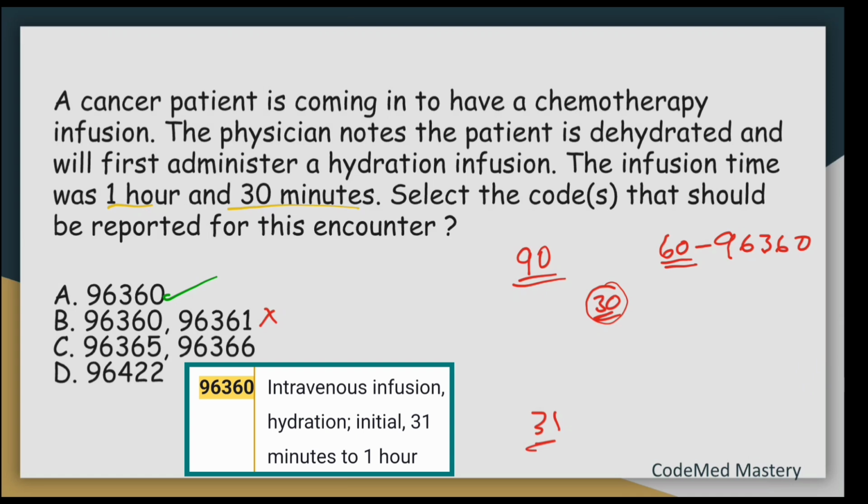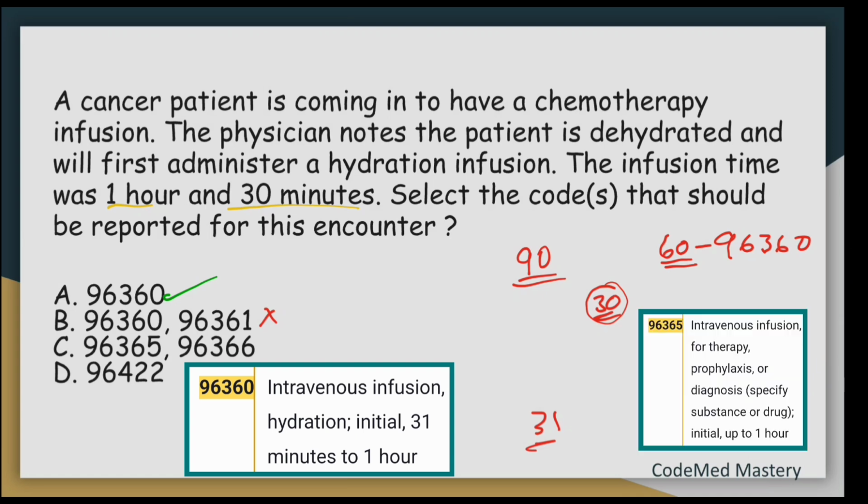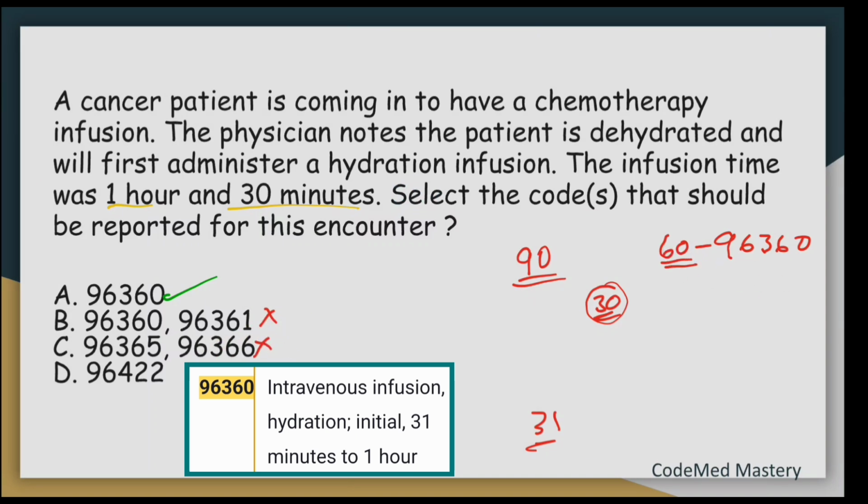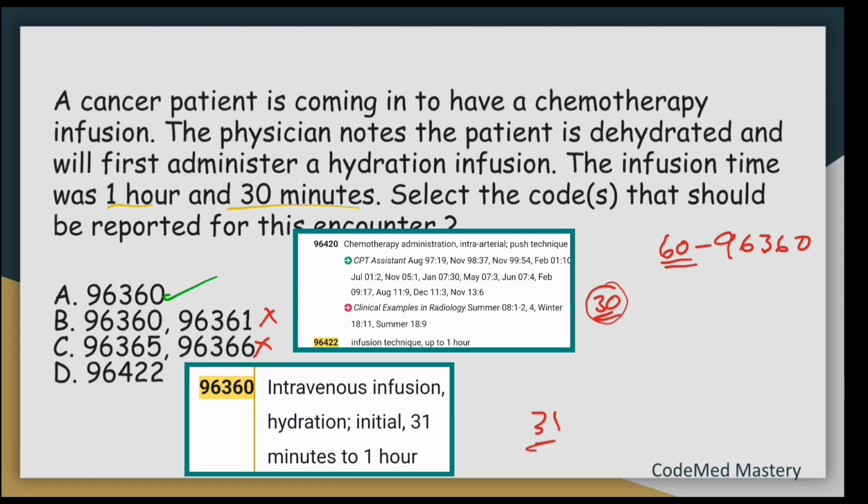In option C, they have given 96365, that is for intravenous infusion for therapy, prophylaxis or diagnosis, initial up to 1 hour. But in the scenario, they have not mentioned intravenous infusion for therapy, prophylaxis or diagnosis, right? They have mentioned hydration. So we have to use the hydration codes, that is 96360. So directly eliminate option C. Option D, 96422 is for chemotherapy administration intra-arterial infusion technique up to 1 hour.